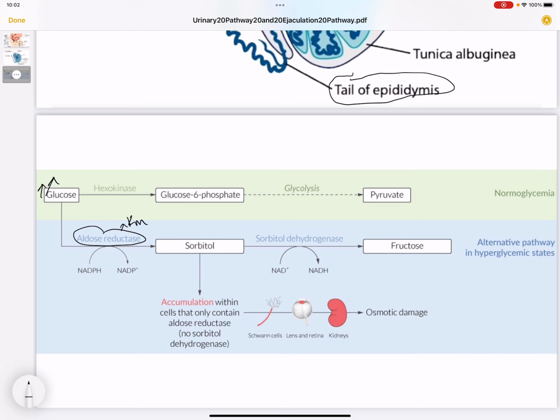So aldose reductase only plays a role in the conversion of glucose to sorbitol when there's lots of glucose in the surrounding environment.